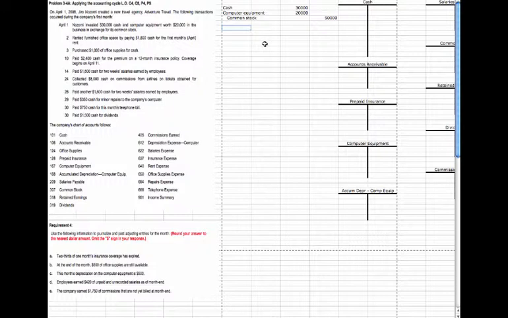On April 2nd, they rented an office space paying $1,800 in cash for the first month, April's rent. So $1,800 in cash went out, so cash went down. So therefore, we're going to do a credit entry to cash, and cash went down by $1,800.